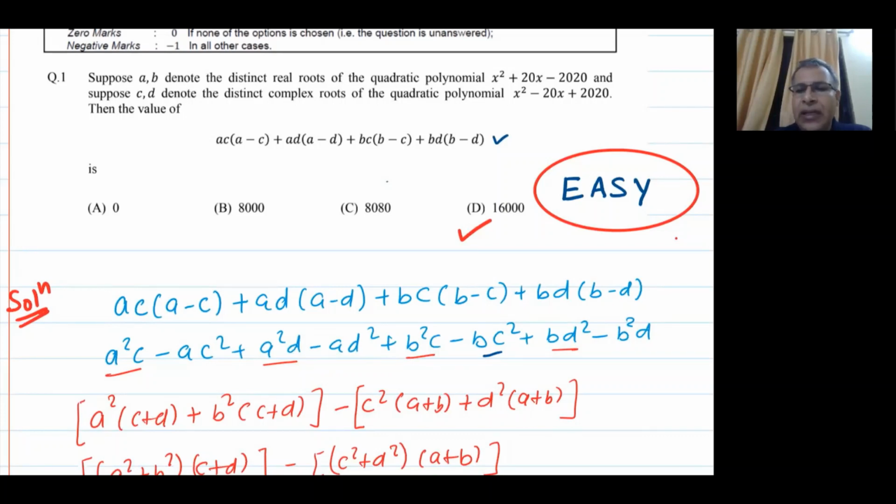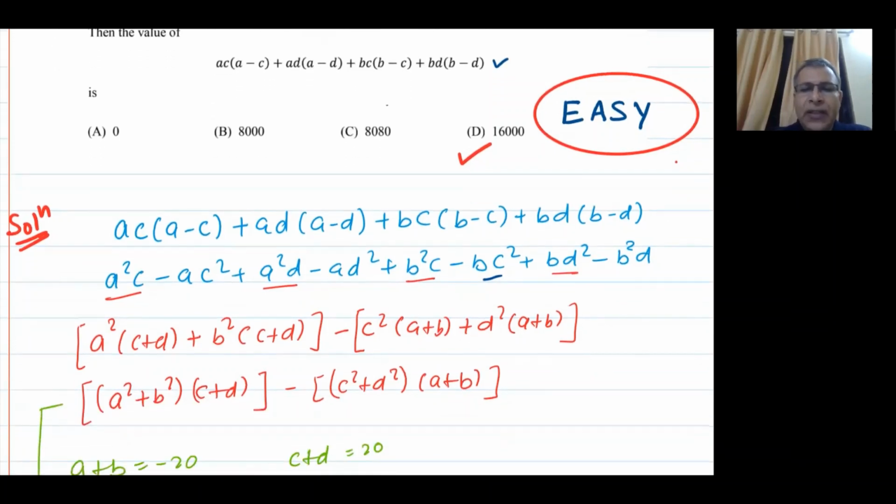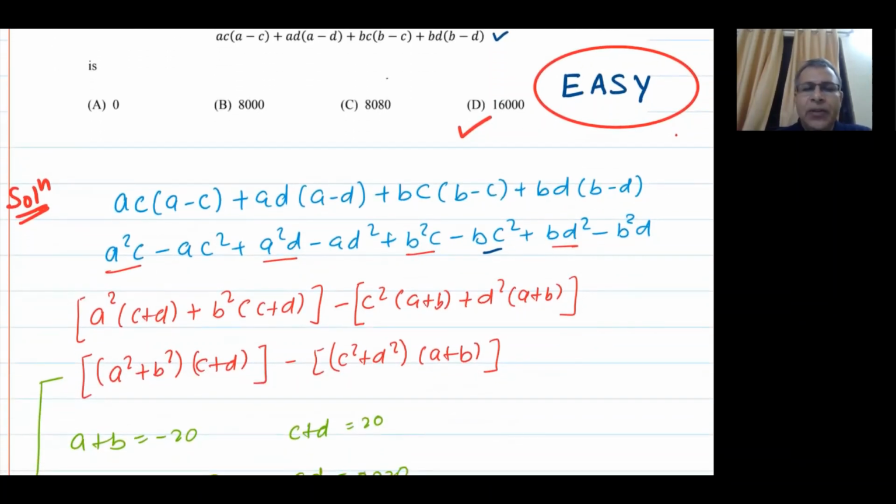We have to arrange positive terms together and negative terms together. After arranging, we get (a square plus b square)(c plus d) minus (c square plus d square)(a plus b).